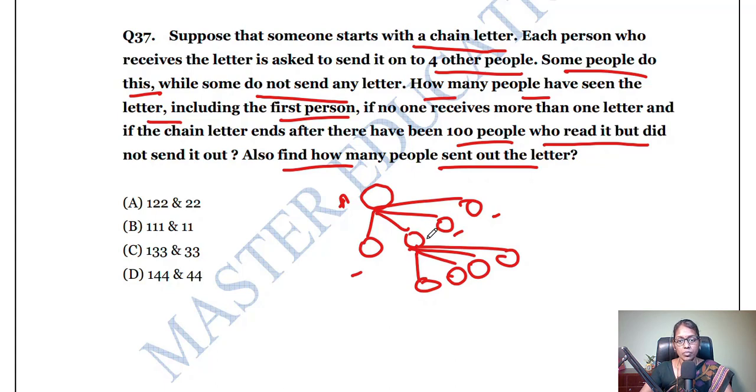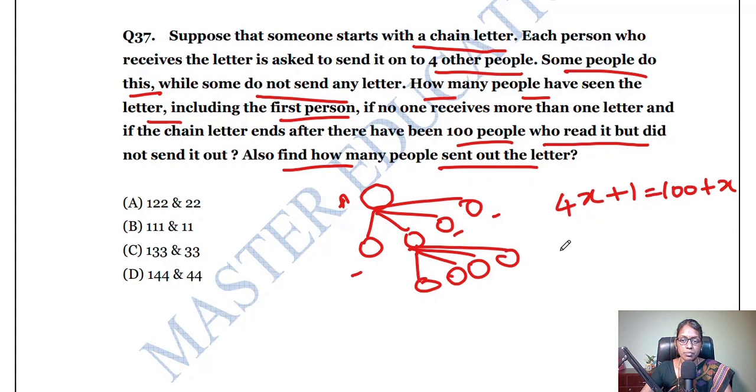First, how many they can send the letter, that must be 4x. So this person sent 4 and this person sent 4, so 4x plus 1, where this is the root. So 4x is multiples of 4. The total number of people is 100, so 4x plus 1 equals 100 plus x.